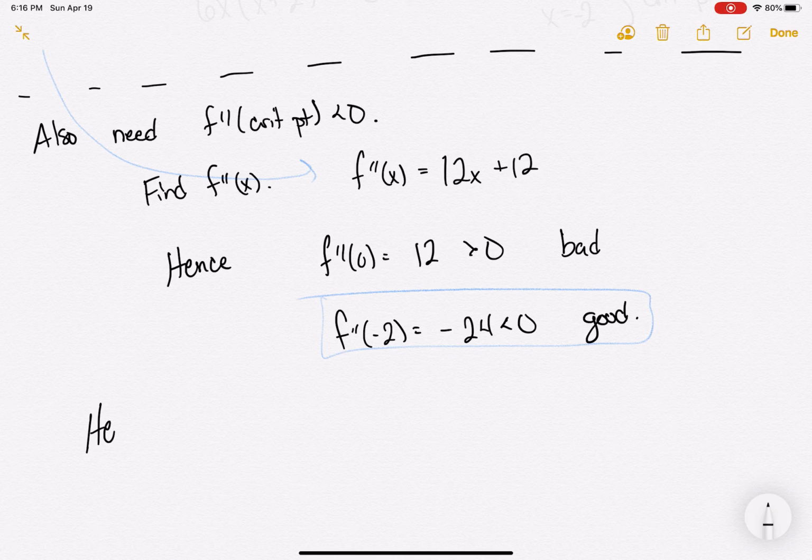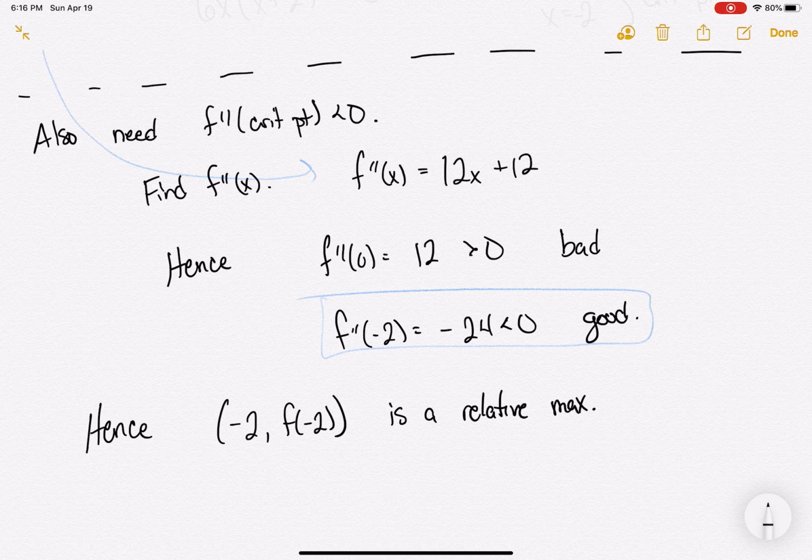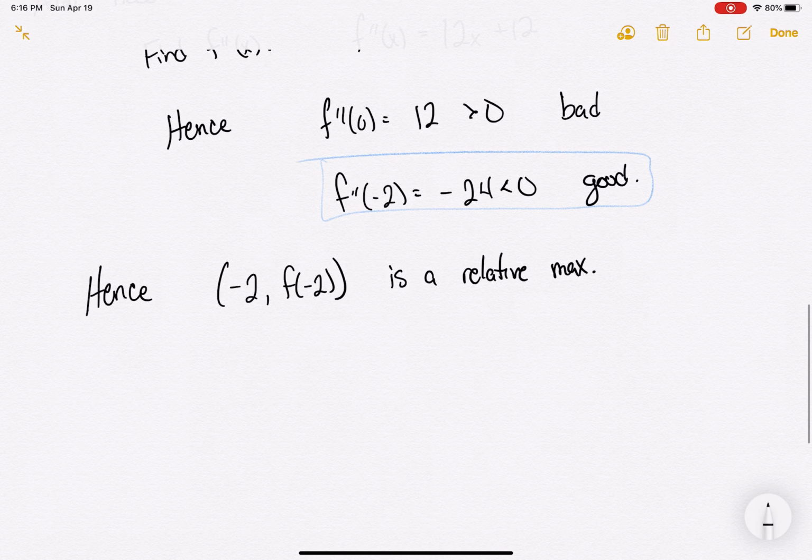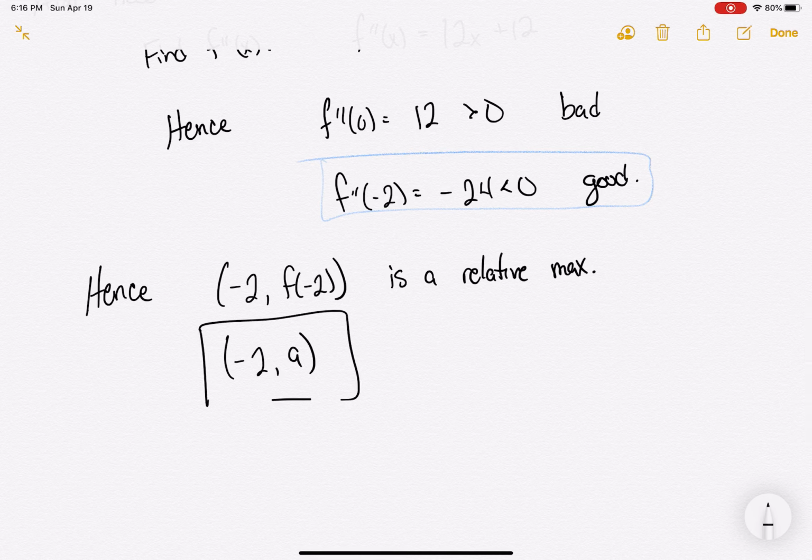Hence, really negative 2, f of negative 2 is a relative max. Plug it in, x equals negative 2. If you actually evaluate it, this is also equal to 9. So (negative 2, 9) is a relative max. And that's the answer the exam gives.